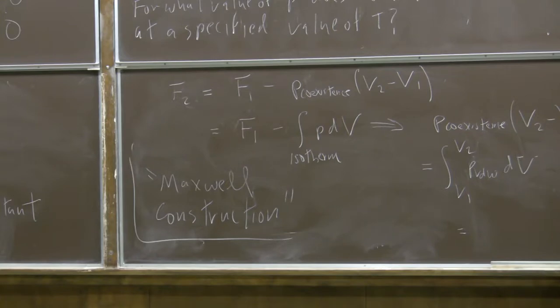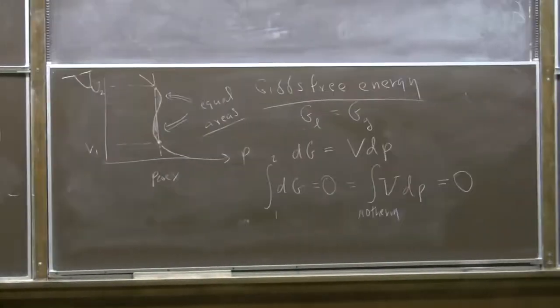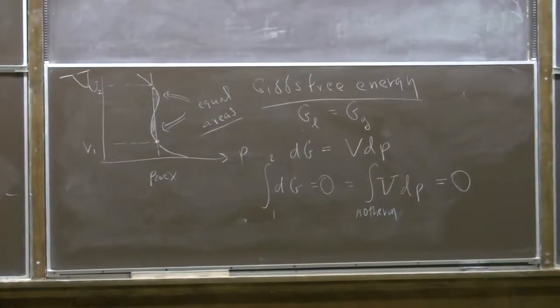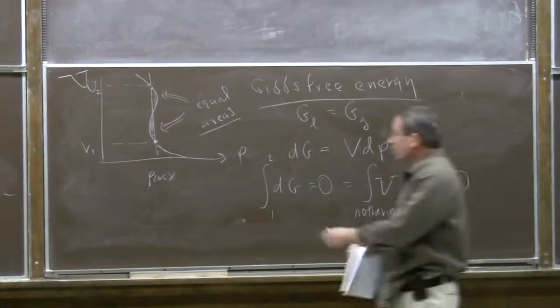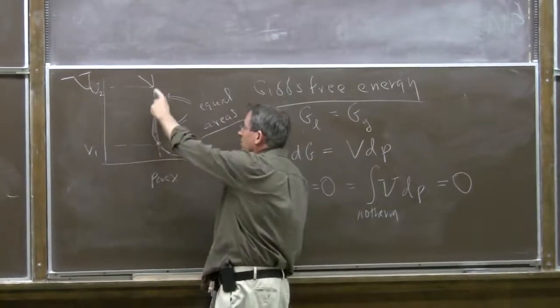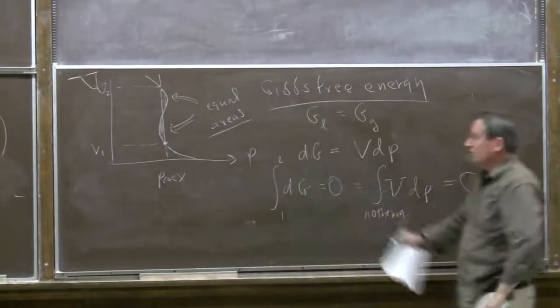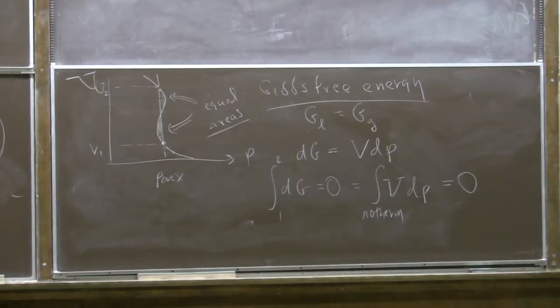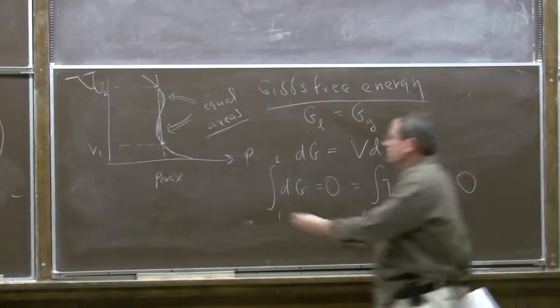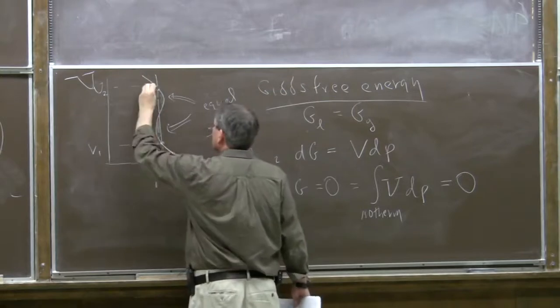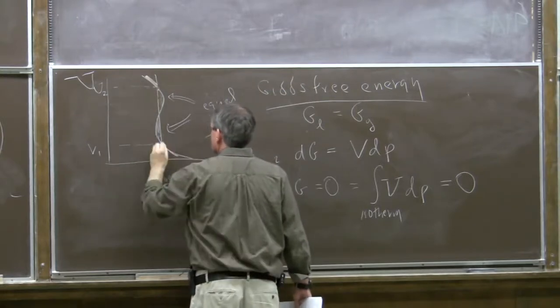Now notice that although the two phases, the gas and the liquid, have the same Gibbs free energy, the derivative of the Gibbs free energy with respect to pressure in this case doesn't have to match. So the slope here and the slope here can be different.